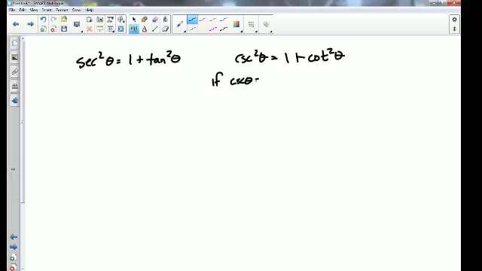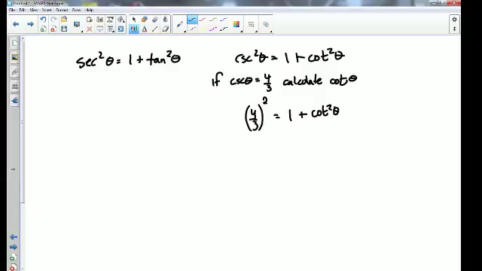Cosecant is 4/3, calculate cotangent. So 4/3, we're going to use 4/3 for cosecant squared, right? Can you square both of them right away?